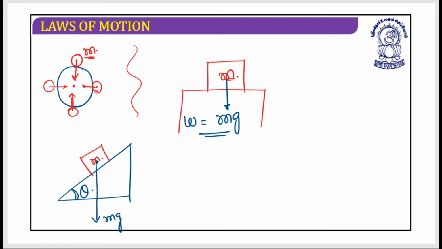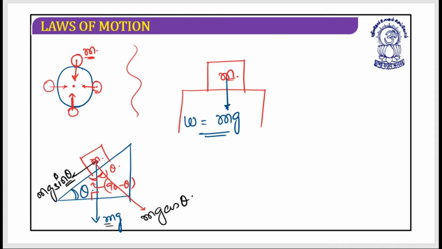If this is mg, this is theta, this is 90, and this could be written as 90 minus theta, then this could be theta. If I wish, I can divide this mg into its two components: mg cos theta, and this is mg sin theta. Is it clear?